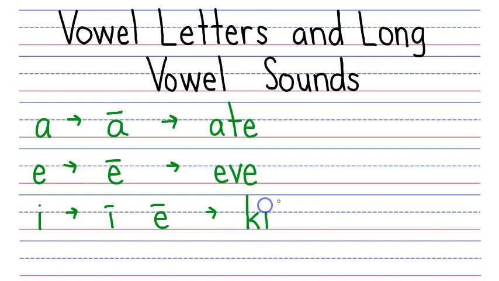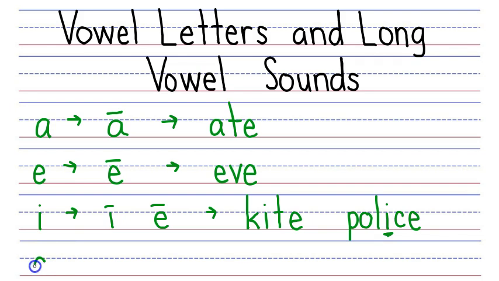Do you hear the long I sound in kite? It can make a long E sound in words like police, spelled P-O-L-I-C-E. Do you hear the E in police? The I is making that E sound.